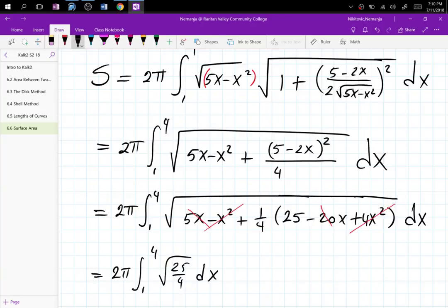That's 5 halves, which you kick outside, so it becomes 5 pi integral of dx from 1 to 4, which is 15 pi, and you're done. Wow. Well, that took an unexpected turn, had everything canceled, but, you know, such is life.